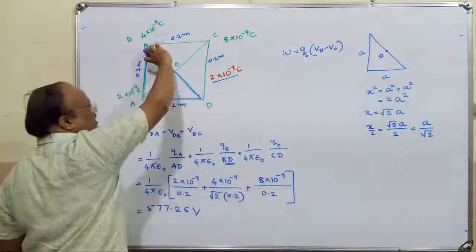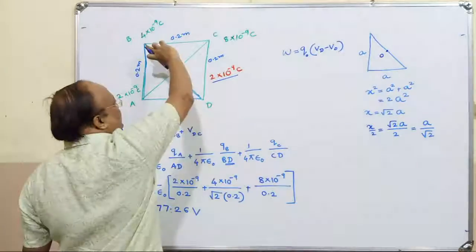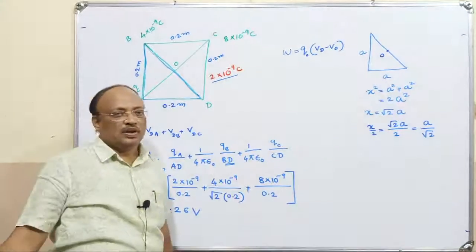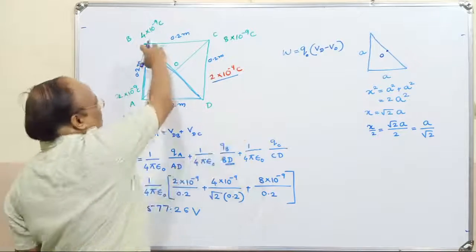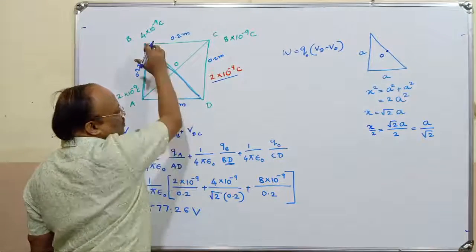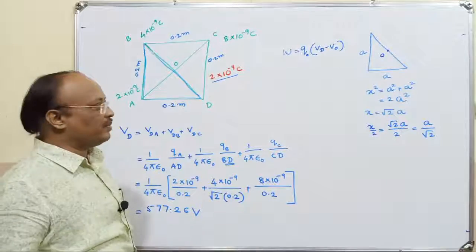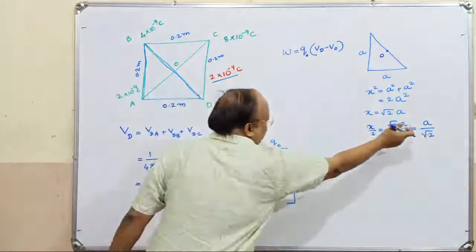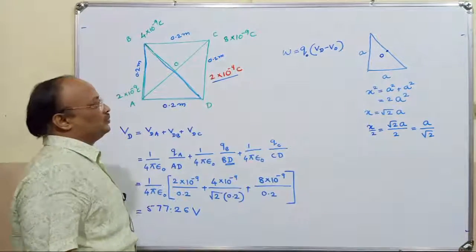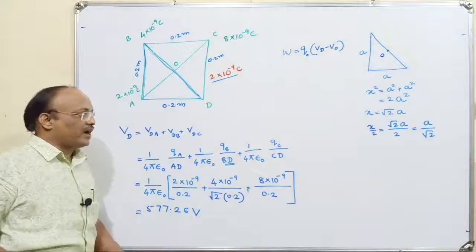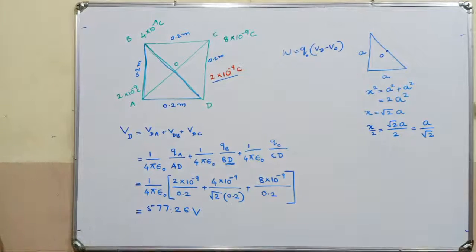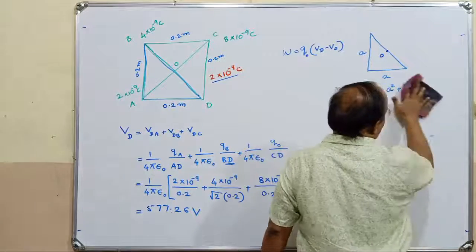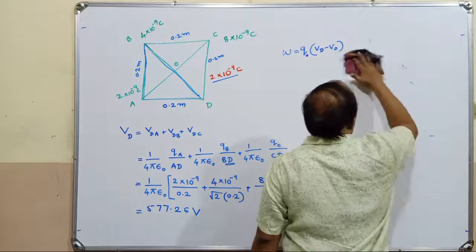So if the sides are a, this length will be a by root 2. Remember always, what is the side? It is a divided by root 2. So we will find out VO. Side is a by root 2. This you remember.